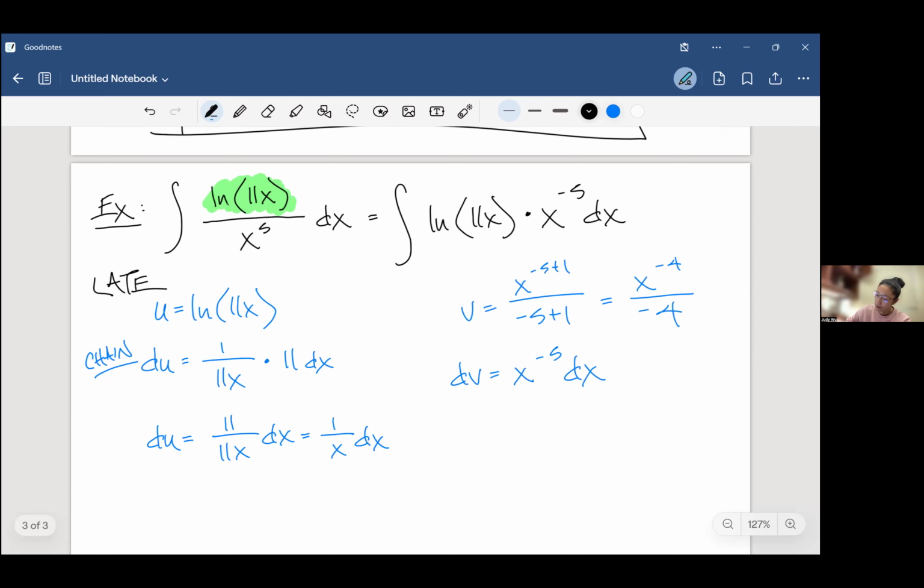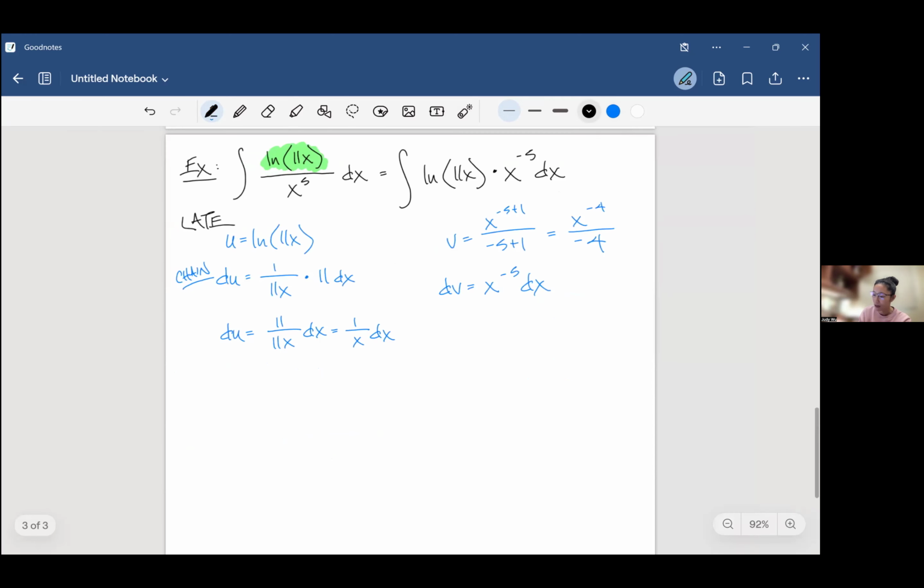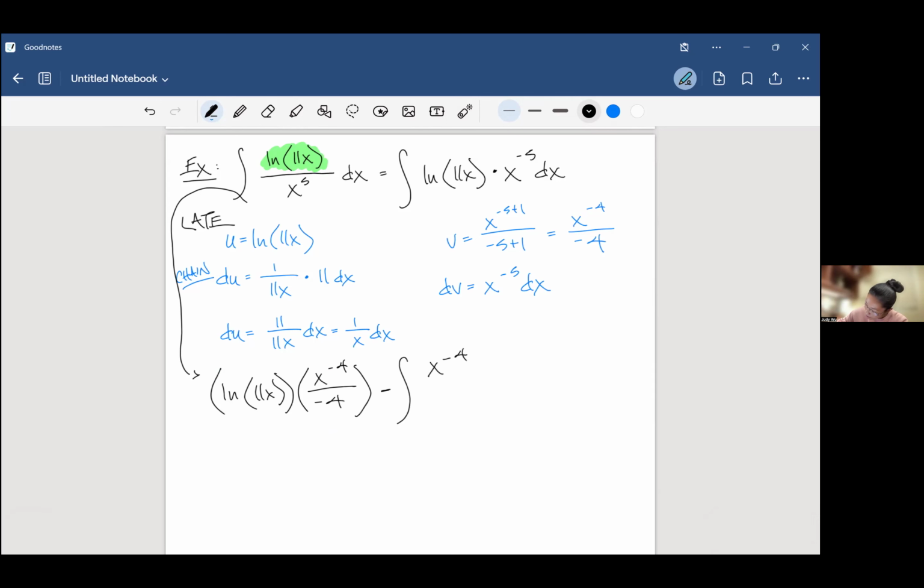Okay. So we've got our setup here, and just like the last question, we're going to go ahead and plug everything in to our formula. All right, so we've got u, so natural log of 11x, times v, so x to the negative 4 over negative 4, minus the integral of v times du.